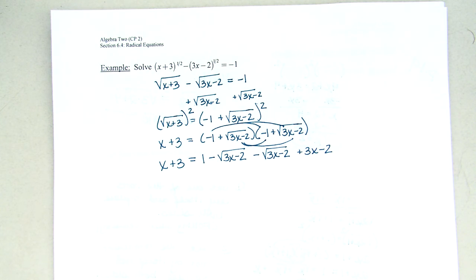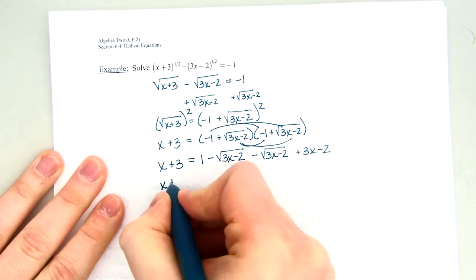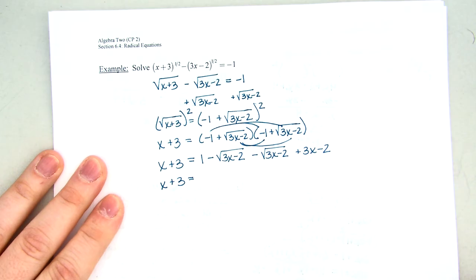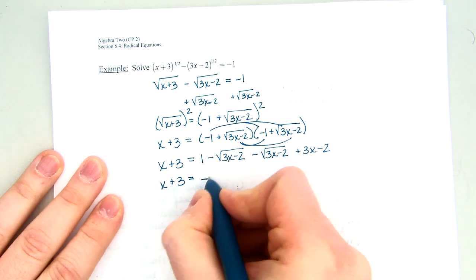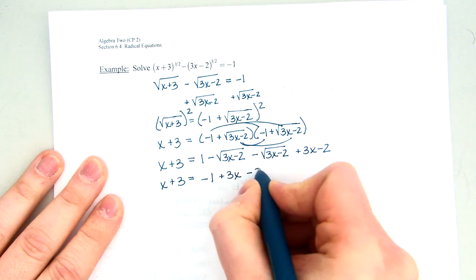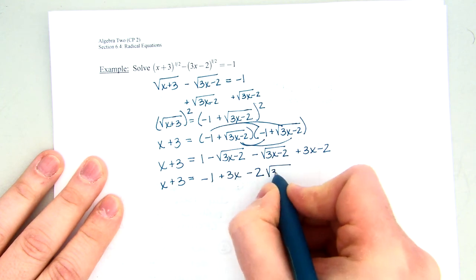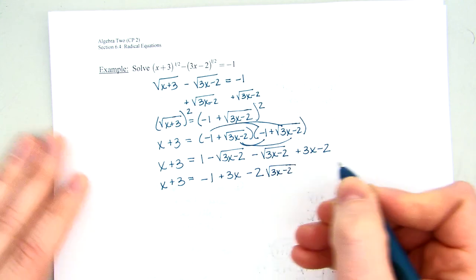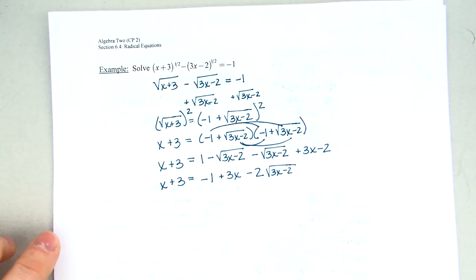I see a little bit of work you can do. Maybe -1 plus 3x minus 2 root 3x minus 2, I believe.